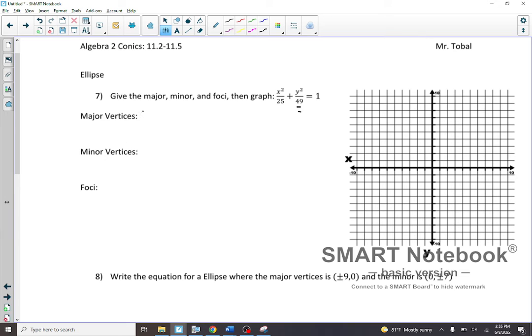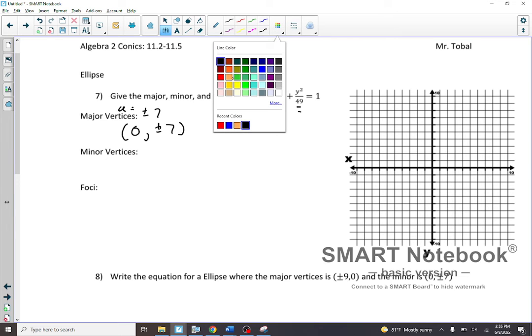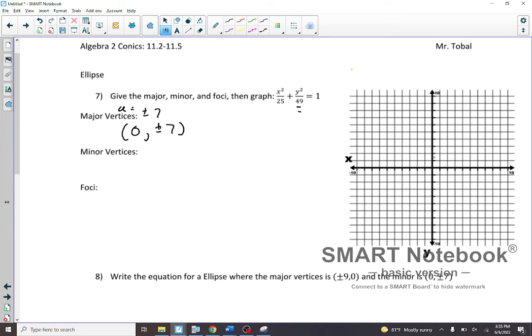So the a value is plus or minus 7, and since it's underneath the y, it affects the y. So 0, comma, plus or minus 7. And I could graph that right quick: 1, 2, 3, 4, 5, 6, 7.